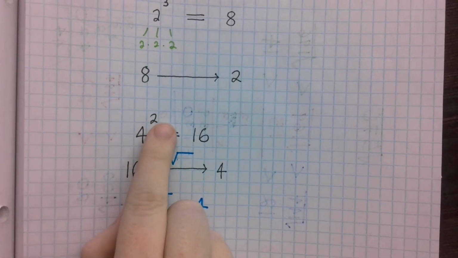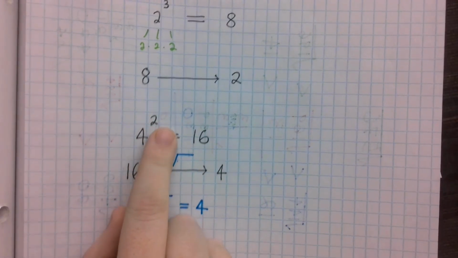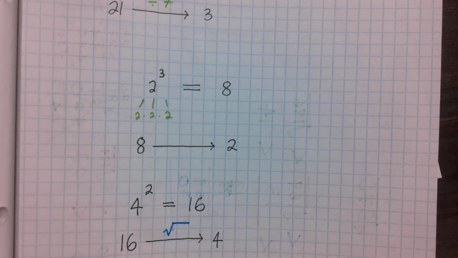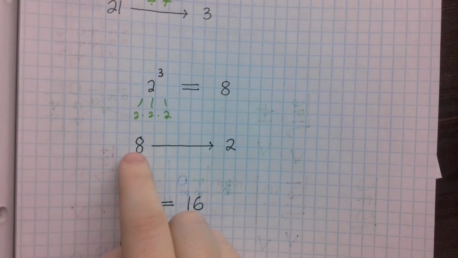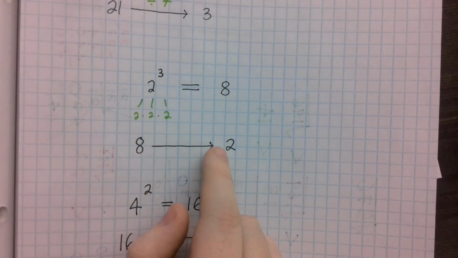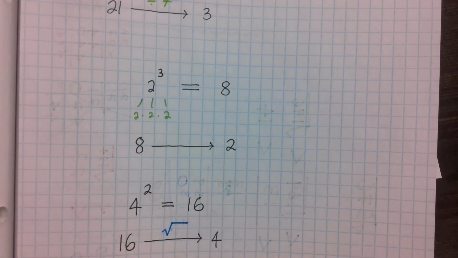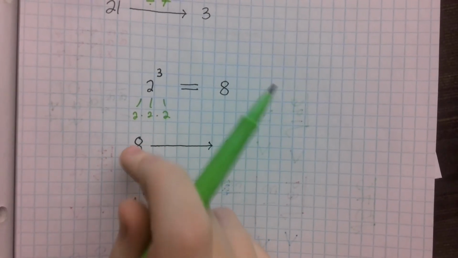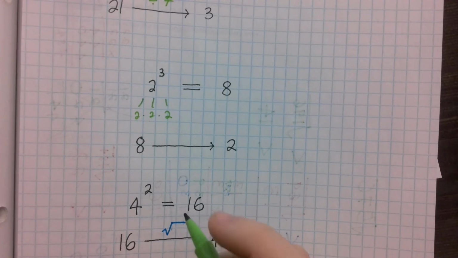But your exponent could always be bigger than the square. What if it was cubed? For instance, 2 cubed is 2 times 2 times 2. So if we wanted to get back from 8 down to 2, we would need to figure out what number is multiplied 3 times to get this 8.